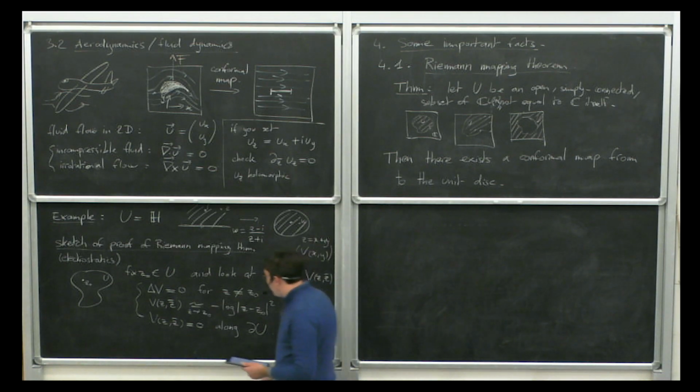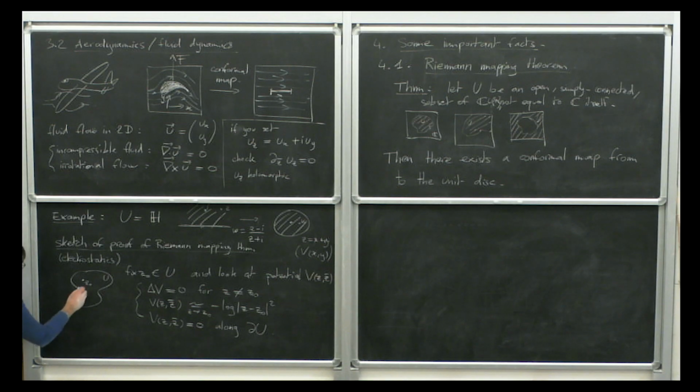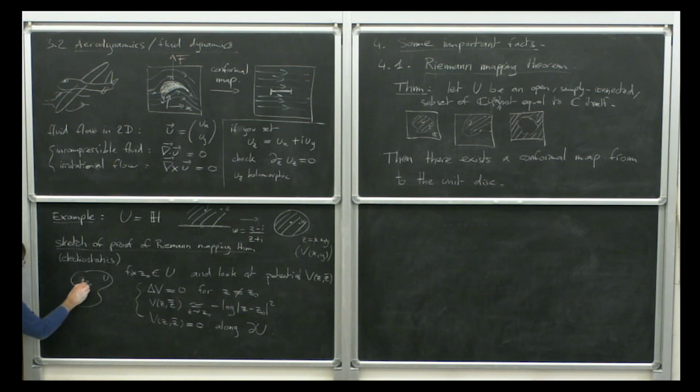Okay, so this potential looks as follows. If I look at the equipotentials of V, the lines along which V is constant, they should look like this, right? So around z0, this is really just the logarithm of the distance, so the equipotentials are circles that go around this point.